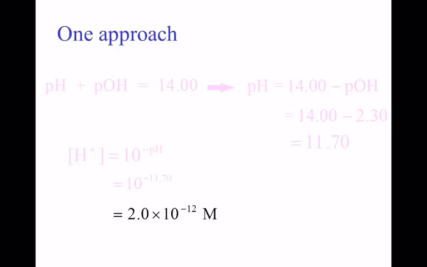The alternate approach: once you have the hydroxide ion, which we knocked out from the salt as it broke apart, and remember we got 2 moles of hydroxide for every 1 mole of salt, we can rearrange that to get the hydrogen ion.